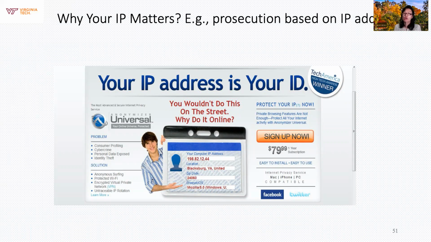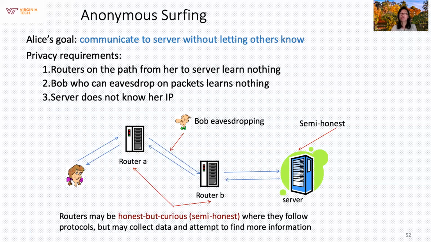Web surfing, of course, you don't have a lot of anonymity when you surf because your IP address is your ID. Anonymous surfing is the ideal scenario where no one knows who you are or what your IP address is. But it is an oxymoron in the sense that you have to get responses from servers.